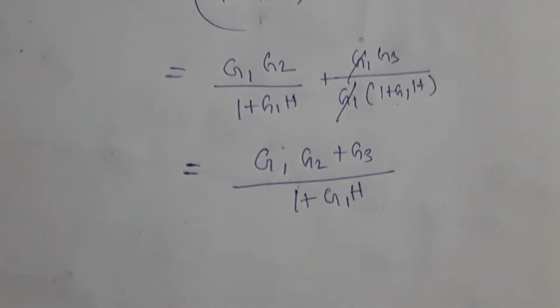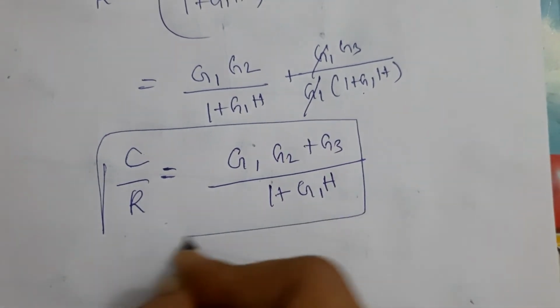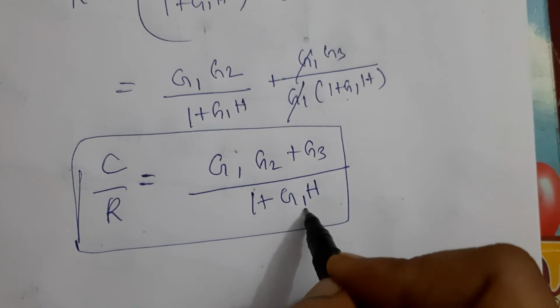So the answer is that C by R of this system is equal to G1 G2 plus G3 divided by 1 plus G1H.